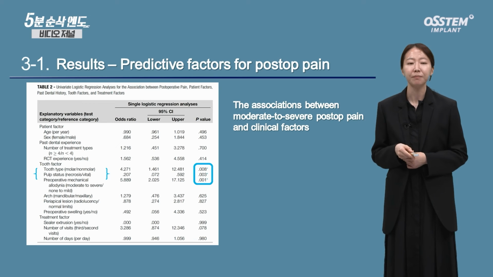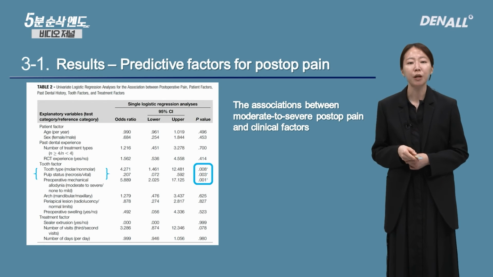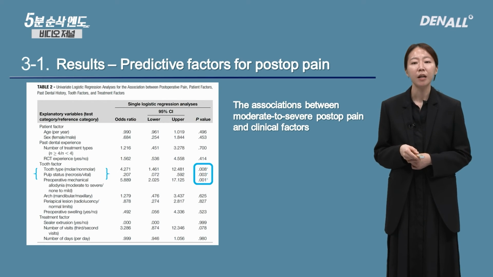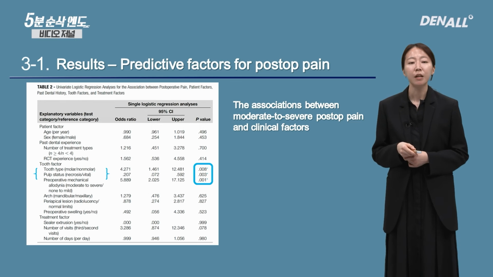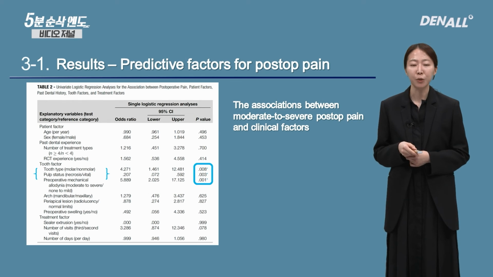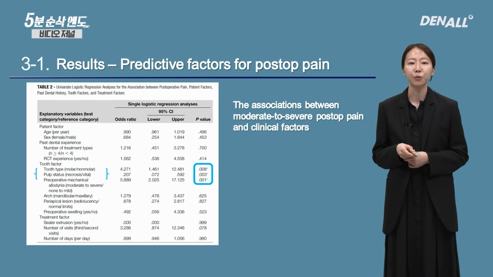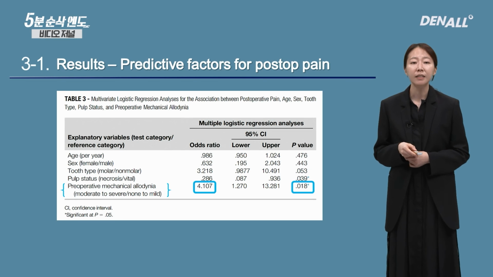These factors were considered. I'm going to talk about factors that showed meaningful relevance to post-op periapical pain of moderate or above. The factors include posterior teeth, pulp necrosis, and existence of mechanical allodynia of moderate or above.